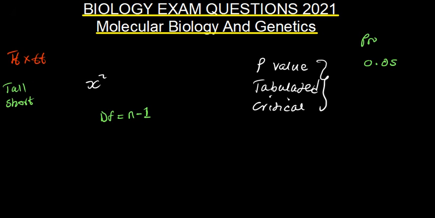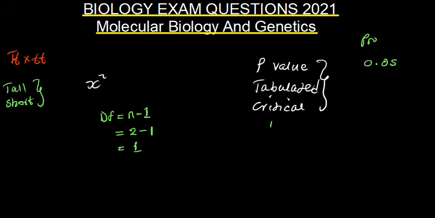These are the total possible number of phenotypes. So if you want to calculate the degree of freedom in this case, your n is going to be 2. 2 minus 1, so your degree of freedom is going to be 1. Now you want to obtain this p-value from the statistical table.